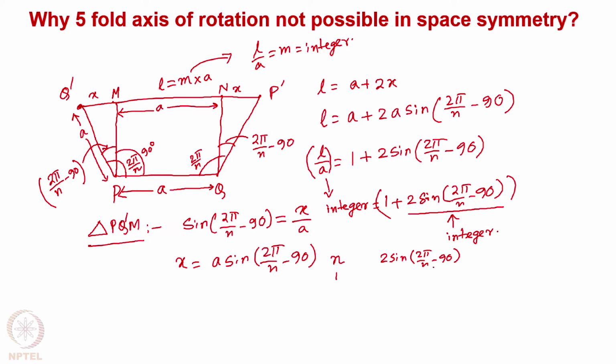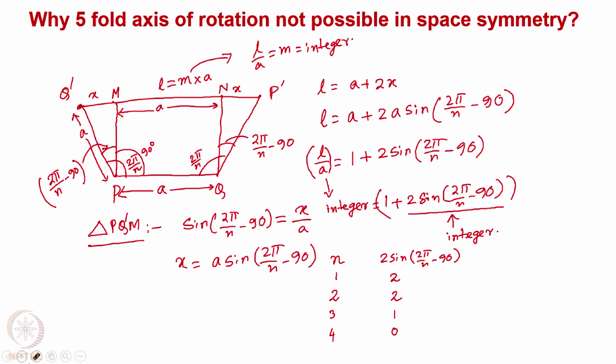So for n equal to 1, the value of 2 sine of (2 pi by n minus 90) turns out to be 2. For n equal to 2, this number once again turns out to be 2. For n equal to 4, this number turns out to be 0.